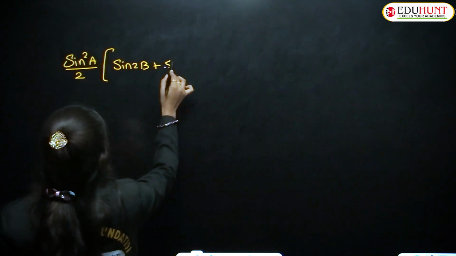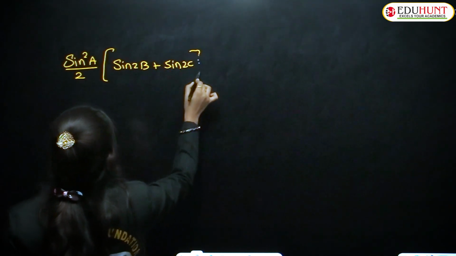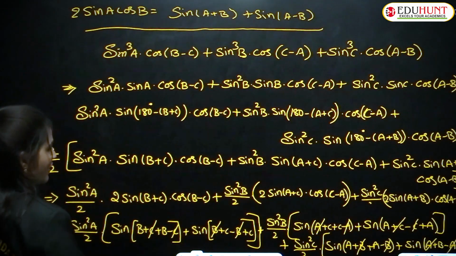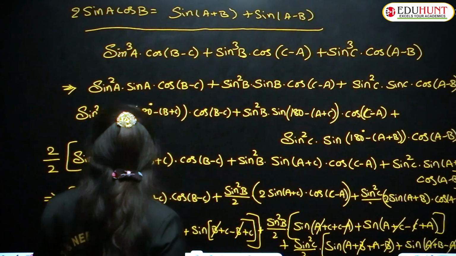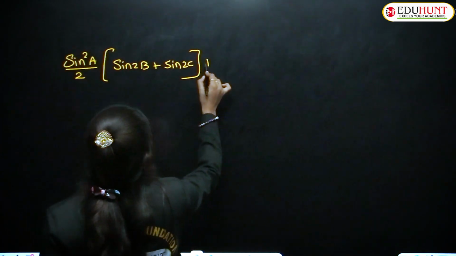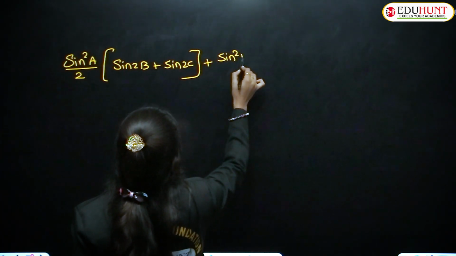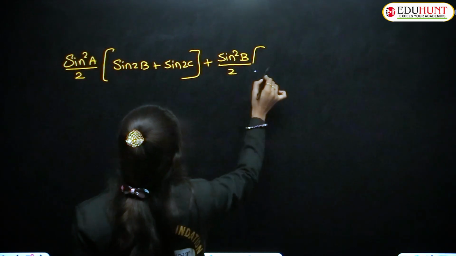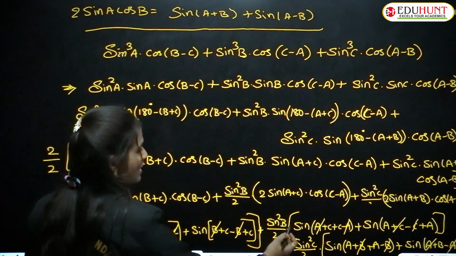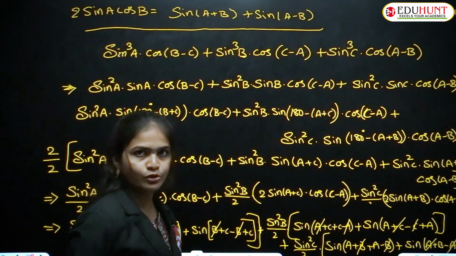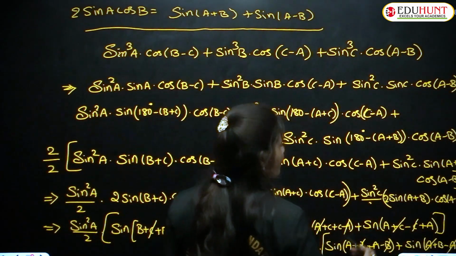Okay, and in the same way plus sin square b by 2 into, here the leftover ones, sin of c plus c is equal to 2c, and here a plus a is equal to 2a.